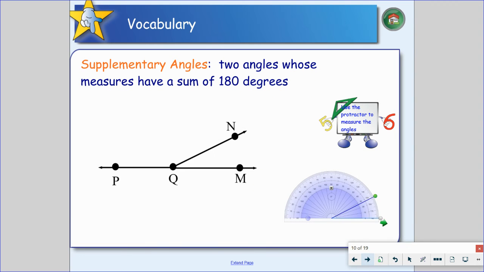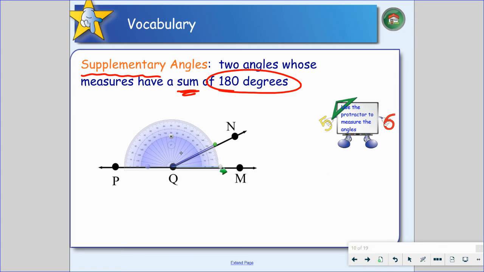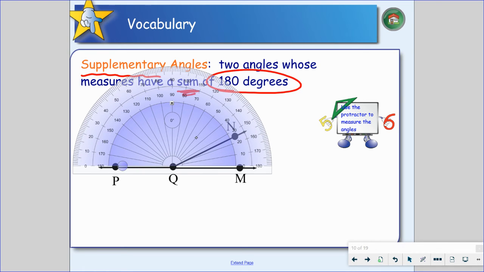Let's move on to supplementary angles. Supplementary angles also have a special sum, but in this case, their sum is 180 degrees. So if I was able to build this protractor up, and go ahead and make this a little bigger for everybody to see a little better.